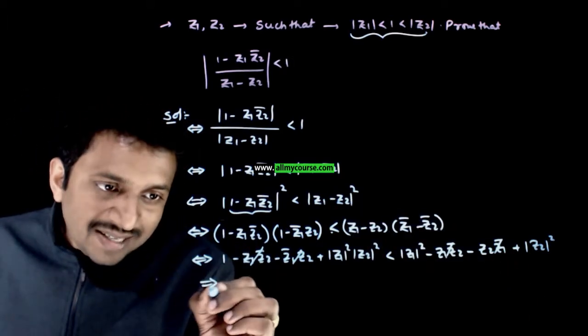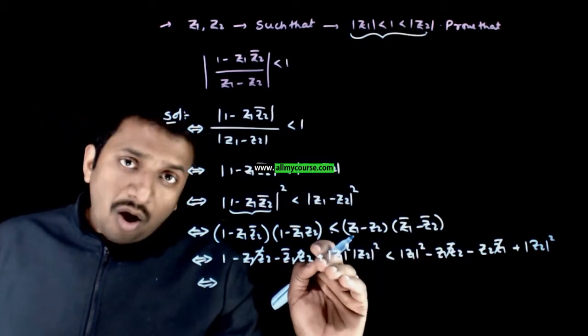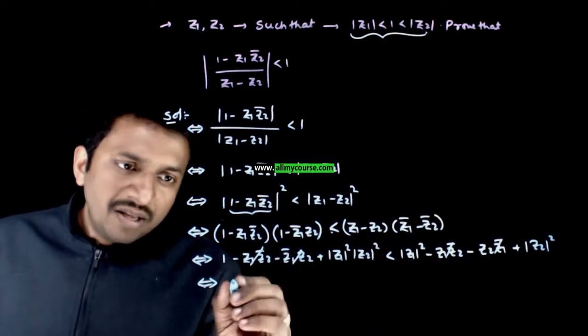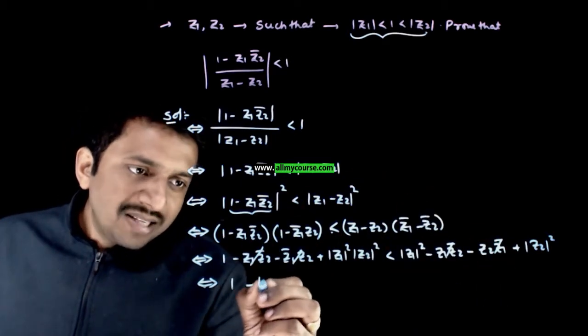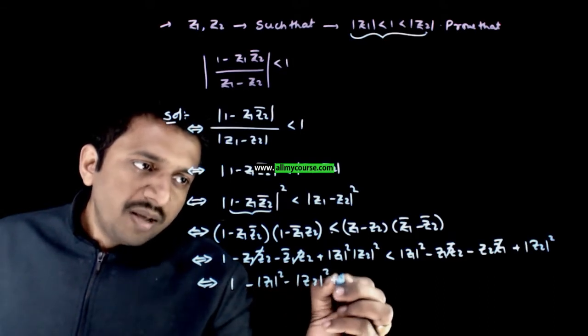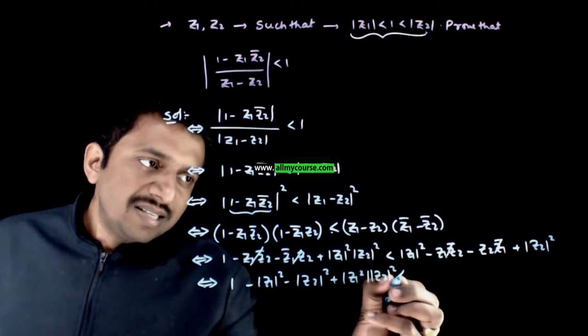So if I send these onto this side, 1 minus mod Z1 square minus mod Z2 square plus mod Z1 square mod Z2 square is less than 0.